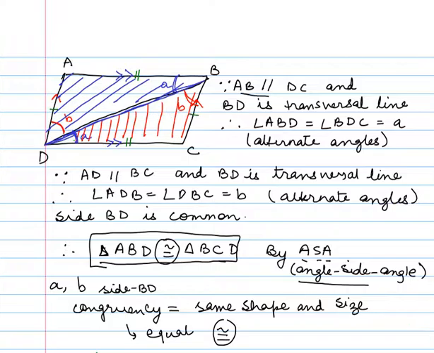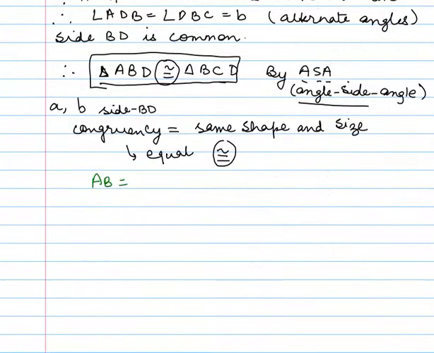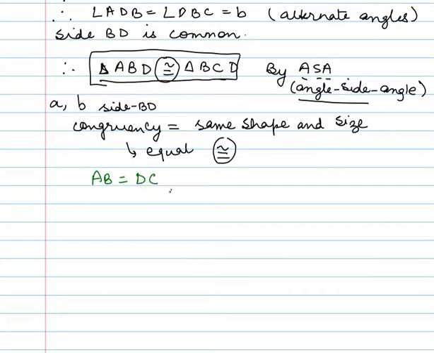So, the opposite sides are equal. AB is equal to DC, right? And the next pair of lines. So the opposite sides are equal.